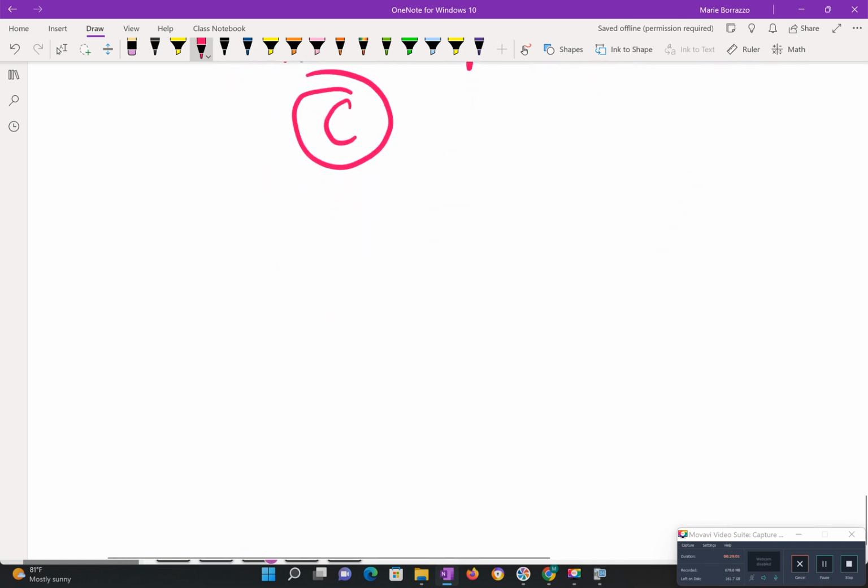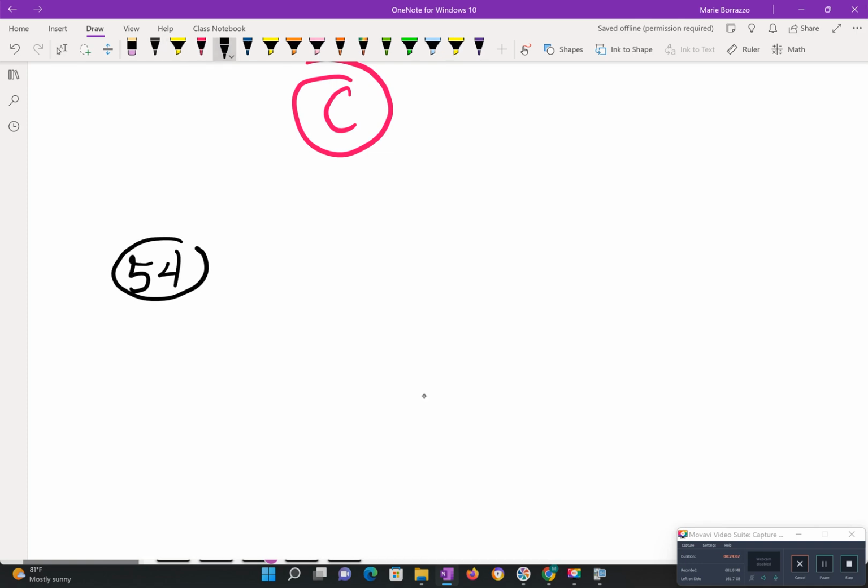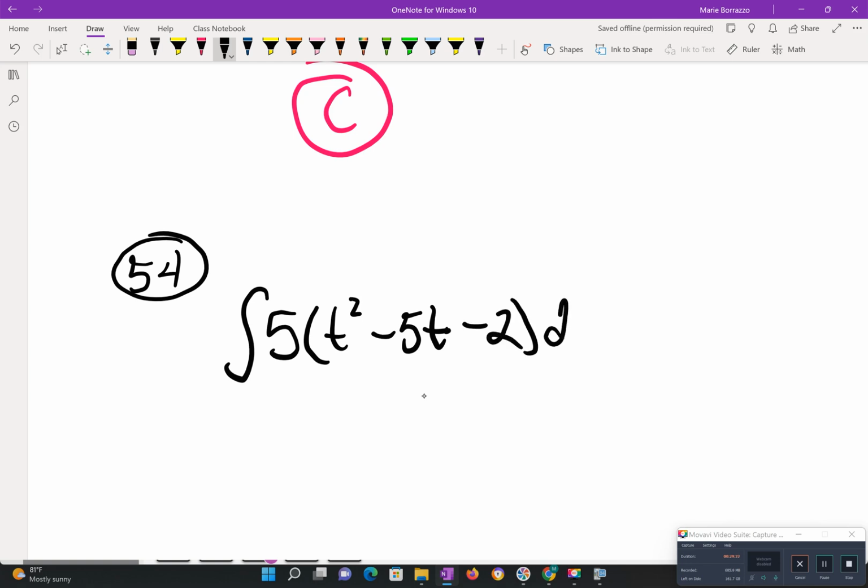Okay, let's continue with number 54. Again, we're finding the integral. They're giving us 5 parentheses, we have t squared minus 5t minus 2 dt.